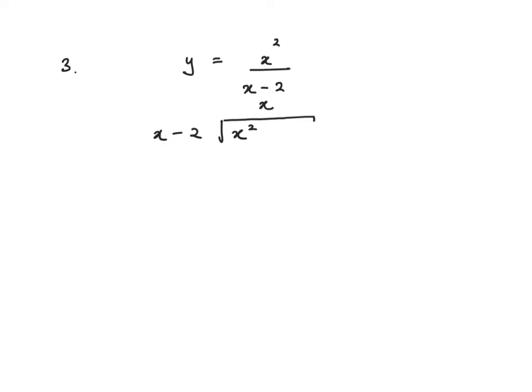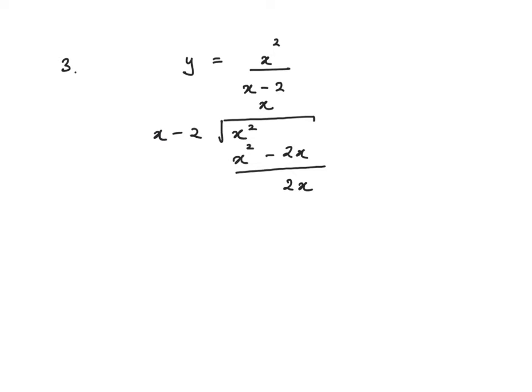So x times x is x squared, and x times minus 2 is minus 2x. Subtract, so x squared minus x squared is 0. 0 minus 2x is plus 2x.